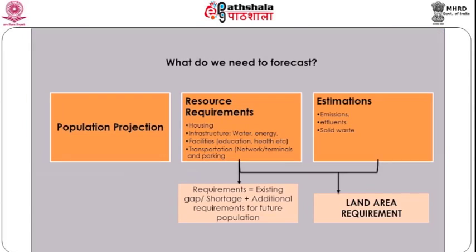Estimations are also done for the future traffic volume, for the emissions, that is the airborne waste, the effluents, the waterborne wastes and the solid wastes, so that one would plan for the management. The first step of forecasting is to forecast the future population for which we want to plan.